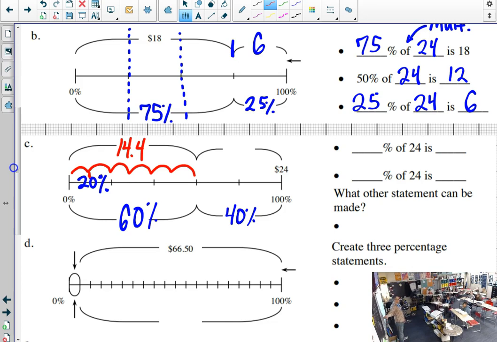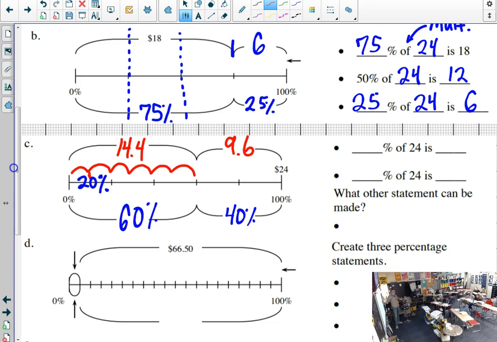It'd be 40 over 100, so 0.4 or 0.40 if you want to say. So in your calculator, type in 0.40, because that's your 40%, times 24. What do you get left? Yeah. What's stopping us from just doing 24 minus 14? You could. I'm just making sure we know multiple ways to get these answers.